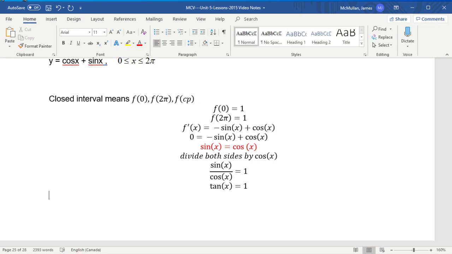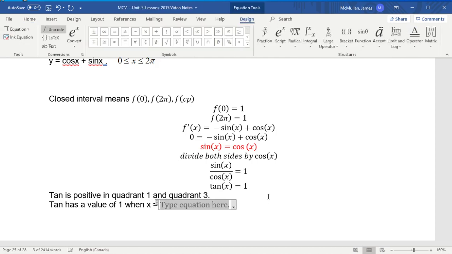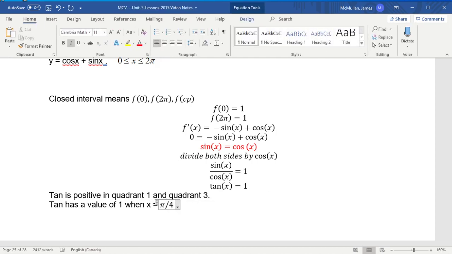And for places where tan is equal to 1, think about your CAST rule. Tan is positive in quadrant 1 and quadrant 3. Tan has a value of 1 when x is equal to pi over 4.